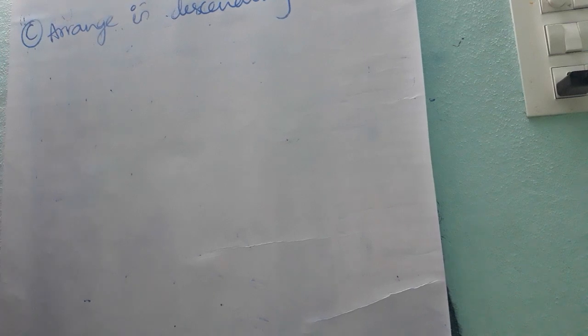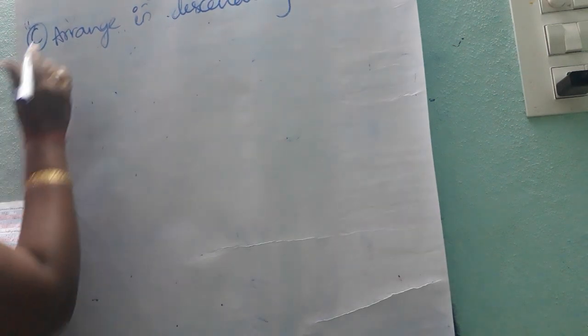Children, the third Roman is arrange the numbers in descending order. The given numbers for us. See those numbers, children.